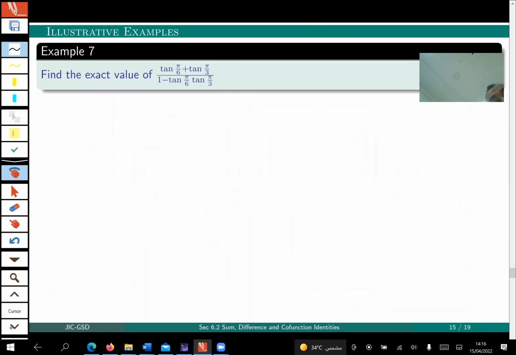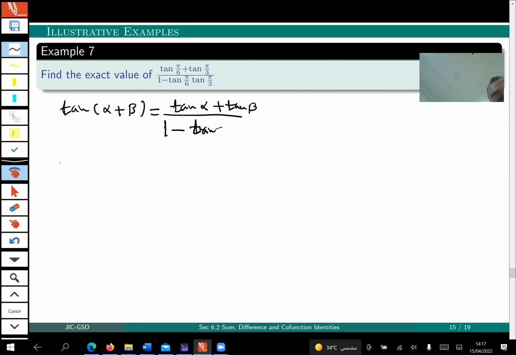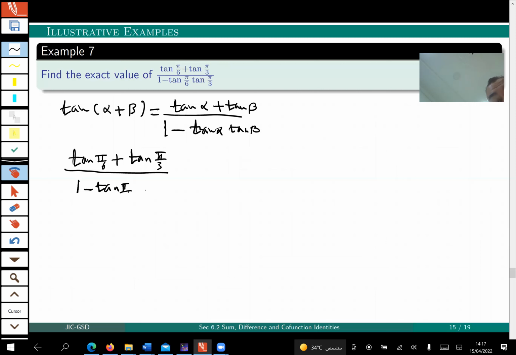Here we have tan, and we know tan of alpha plus beta is tan alpha plus tan beta over 1 minus tan alpha times tan beta. So that is tan pi over 6 plus tan pi over 3, over 1 minus tan pi over 6 times tan pi over 3.